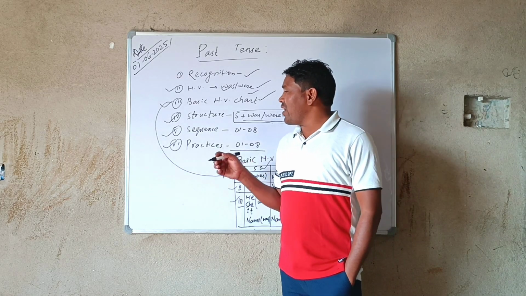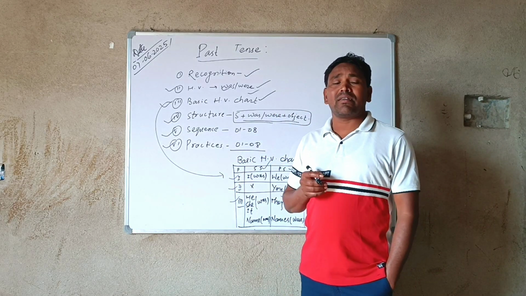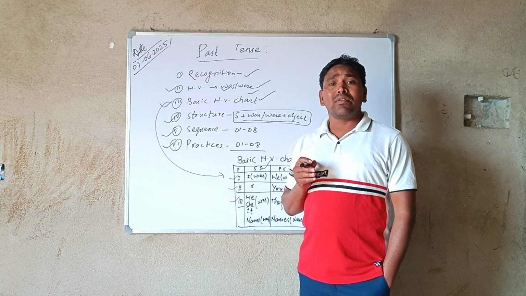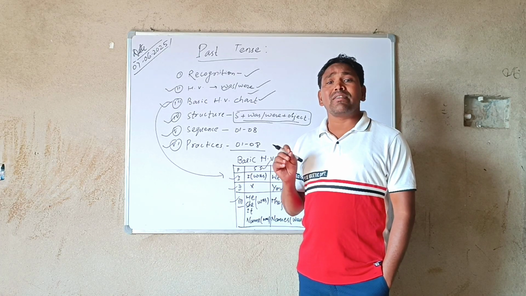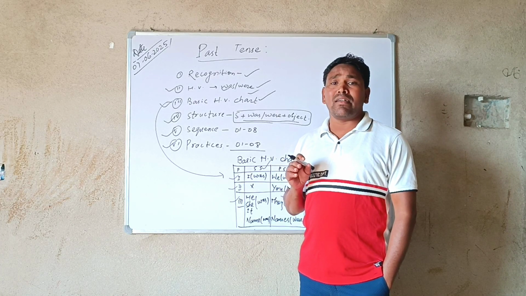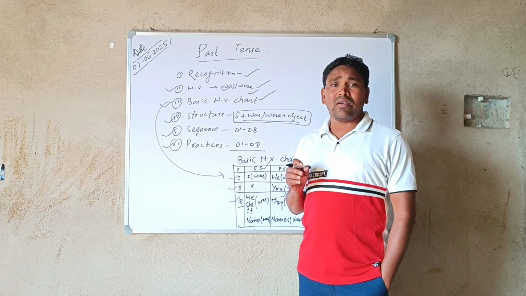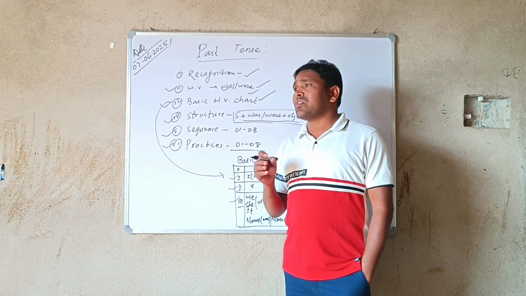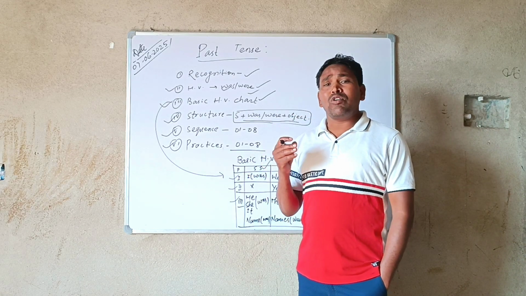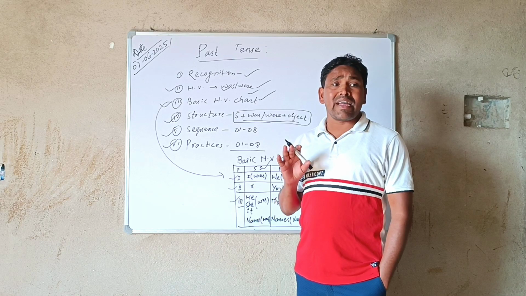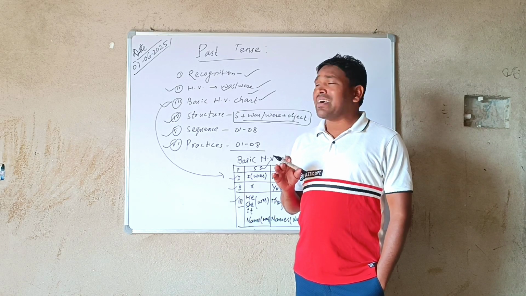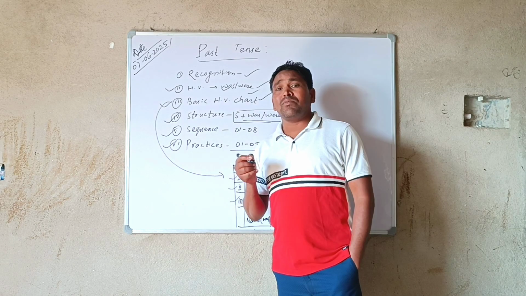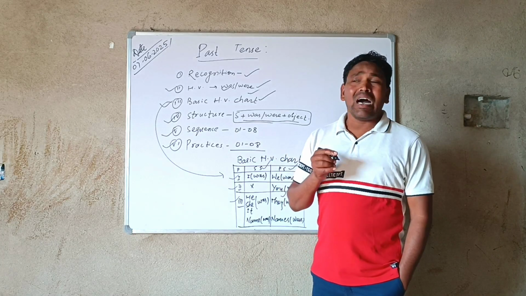Okay. Now I am going to tell you about a sequence. Sequence, as I have taught you in present tense, is always done in 1 to 8 codes. And you can also use some other WH words. You know there are 9 WH words. Yes, sir. But in these codes, we use why and we use how.